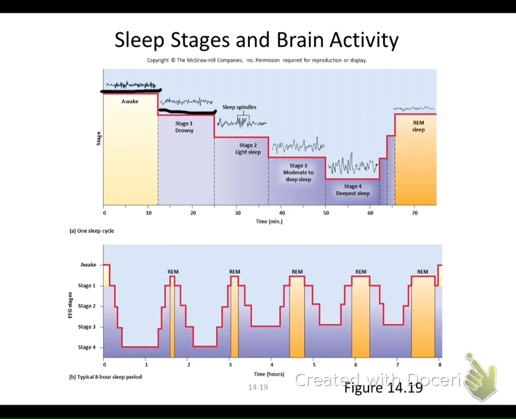And then a little bit later, we get to a deeper sleep. Now, I told you that during that deeper sleep, you'll start getting some spindles. They're not as obvious here as I'd like them to be, but just bigger jumps in the waves. And that's the thalamus talking with the cortex and doing some electrical activity. And then you'll get to stage 3, that moderate to deep sleep, and eventually to your deepest sleep. And what kind of waves are those?